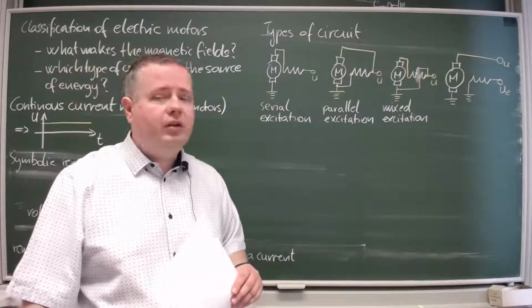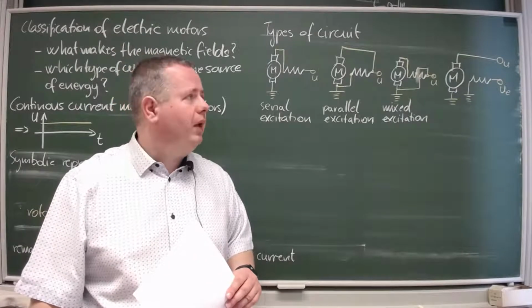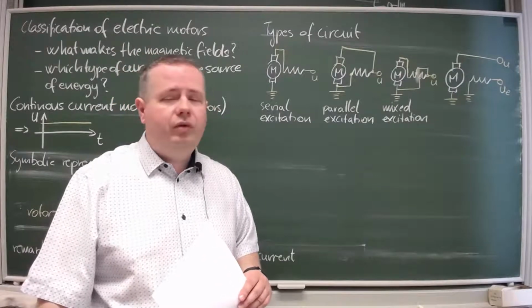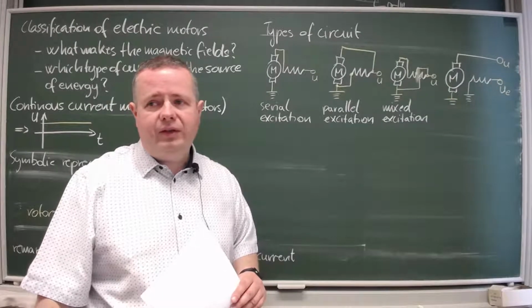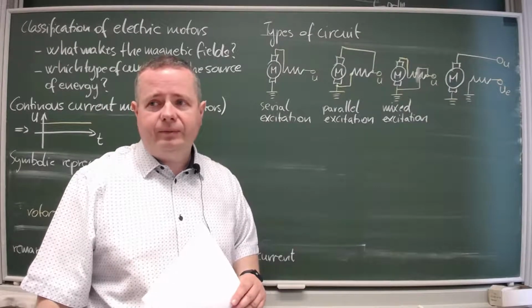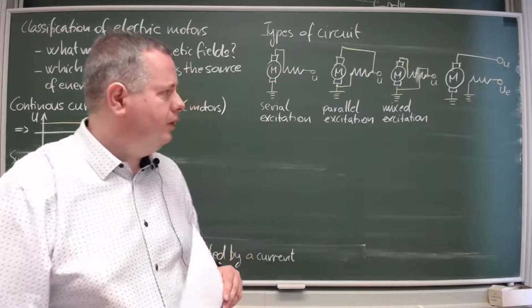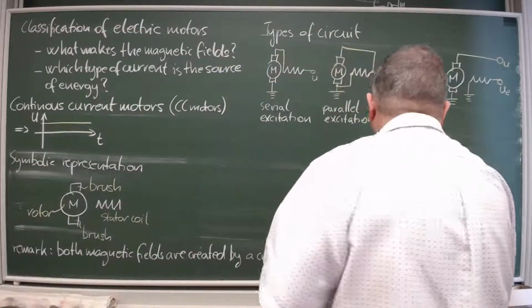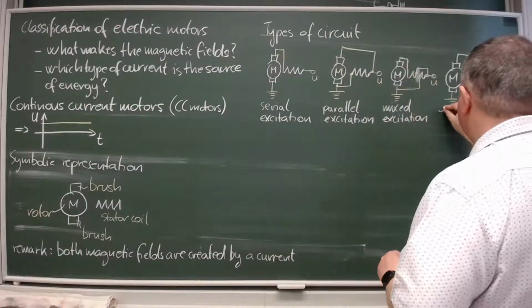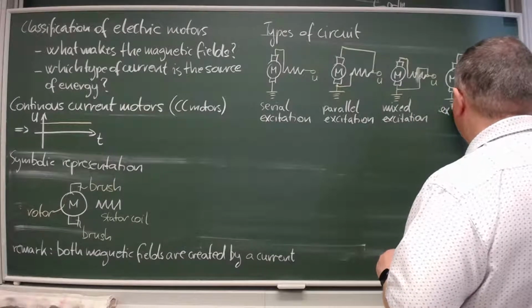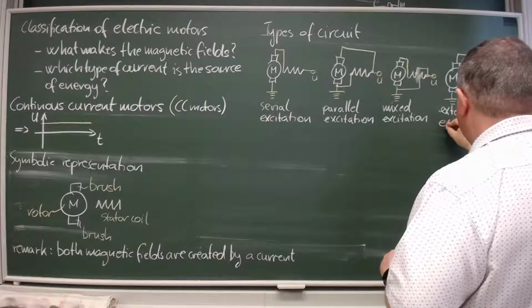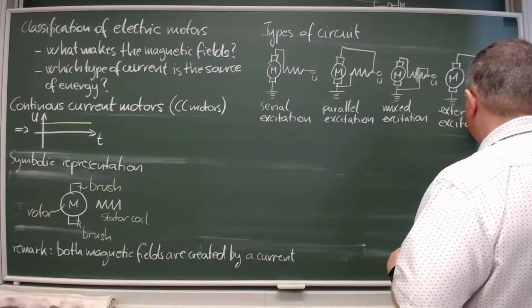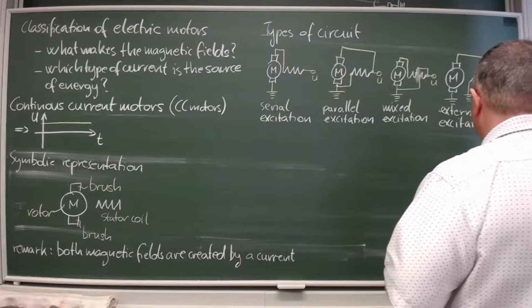The exciting current, exciting tension, plus the tension for the rotor, and they are quite different. Nothing links them practically, just the magnetic fields. Okay? That's what we call the external excitation. Okay?